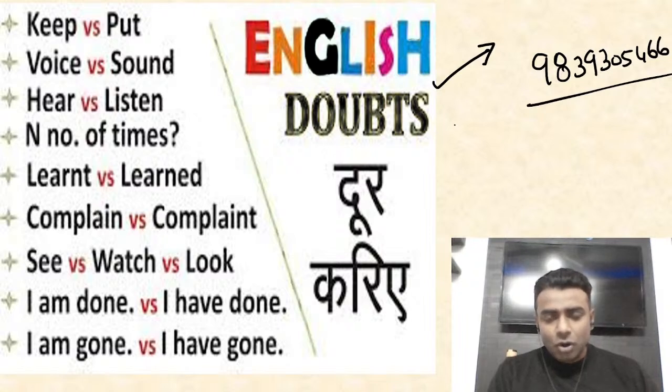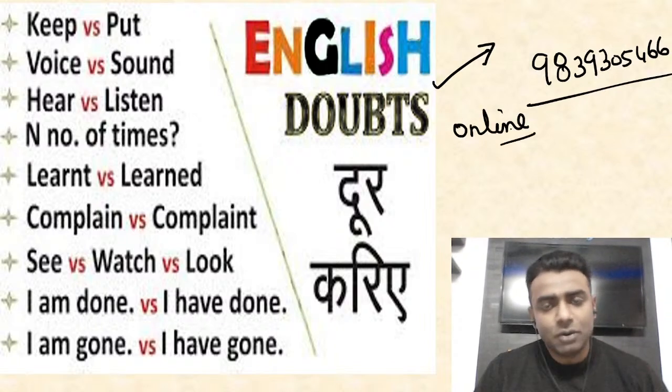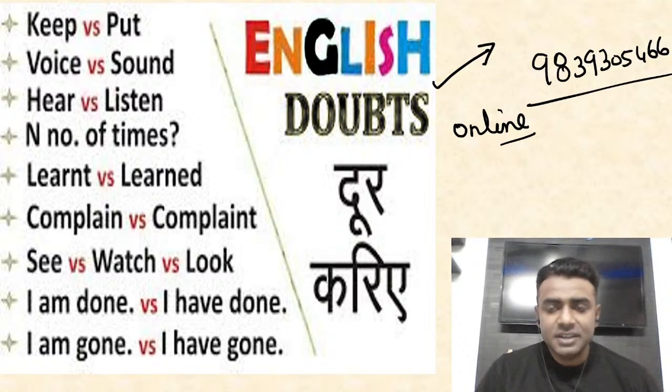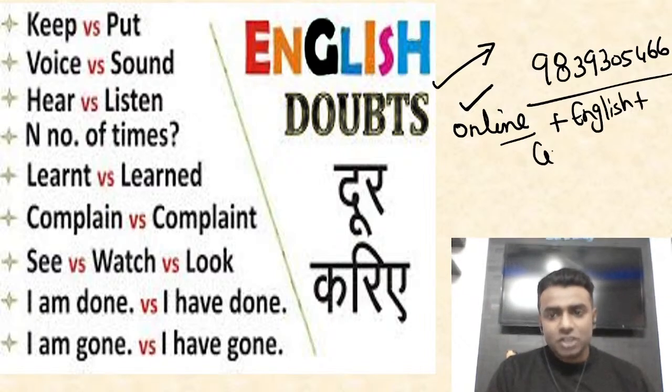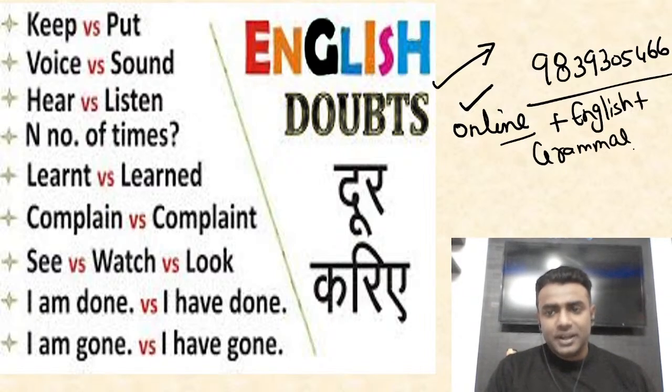You should know how to operate any application online. We will teach you how to operate the app British has, but even you should know how to operate an app. Second thing, you should have good English, good knowledge of grammar. Rest, you can watch my videos also. These videos will also help you.